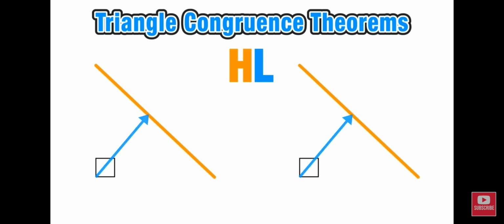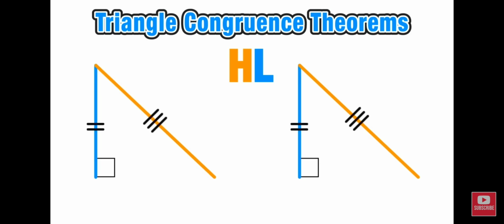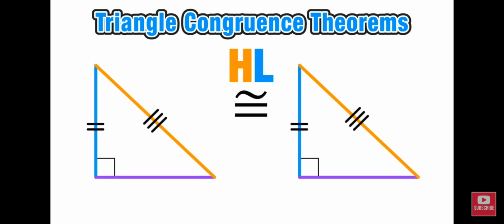So this congruence theorem says that if the hypotenuse in both right triangles are congruent, and if a leg, which is one of the other sides, are congruent, that is, they have a pair of corresponding congruent sides, then that is enough to say that the two triangles are congruent. Again, which means that the triangle's corresponding sides and corresponding angles have the same measure.